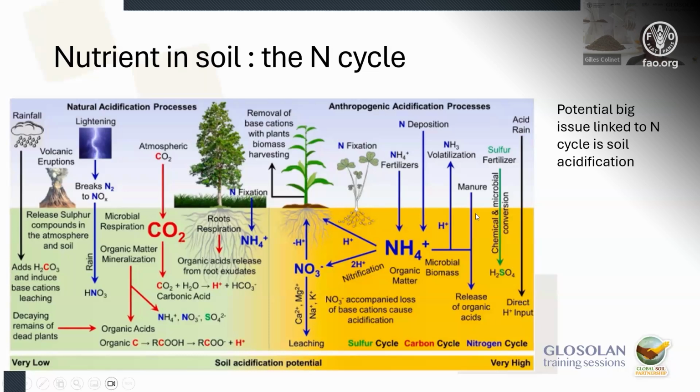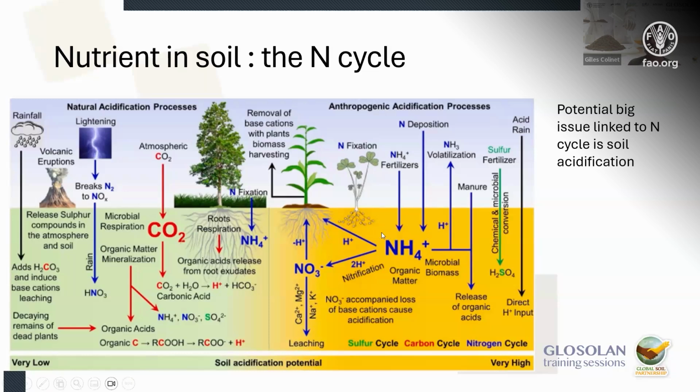The idea is that when you have ammonium in the soil, if the plant takes up ammonium, the exchange for the plant is H plus. And so it means that if the plant takes ammonium, it will give H plus into the soil. So there's a risk of acidification.